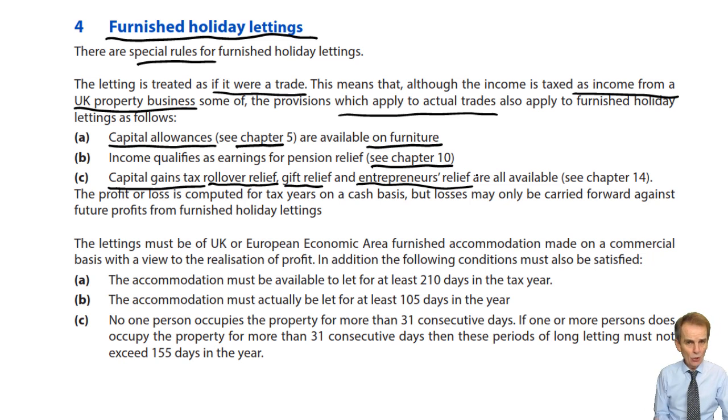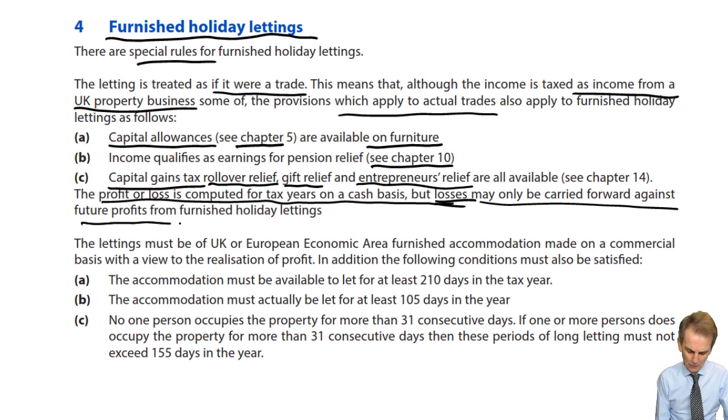But again, it's good news. So that's the plus side there. Now, the profit or loss is computed for tax years, again on a cash basis, but a bit of a problem now as regards losses. Losses may only be carried forward against future profits from furnished holiday lettings.